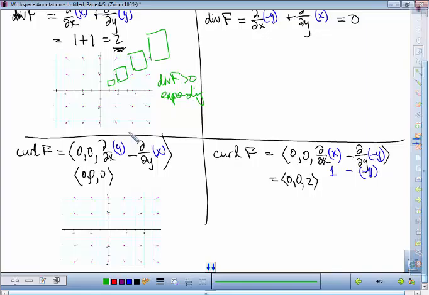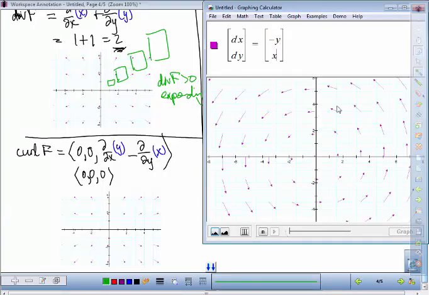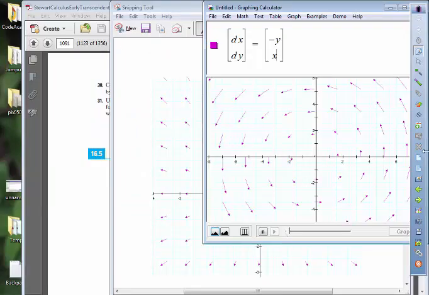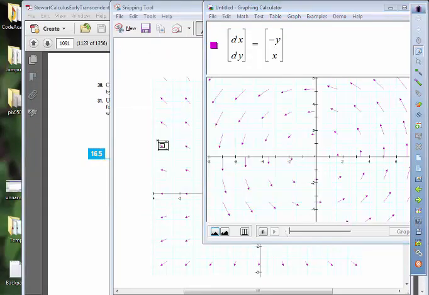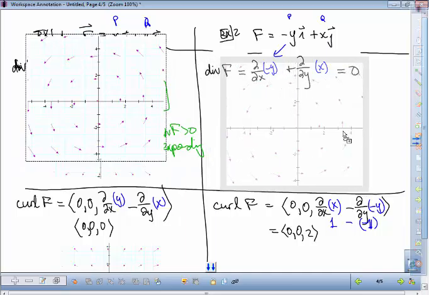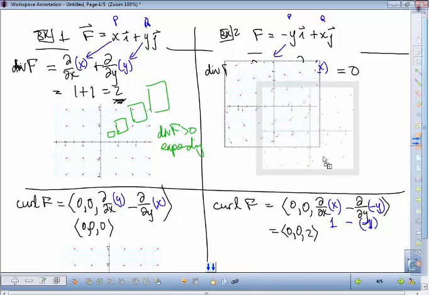So if we take that same idea and apply it to the next vector field, where our next vector field is negative y and x. We saw this picture before, didn't we? So it looks like in this particular vector field, we are not expanding or compressing.